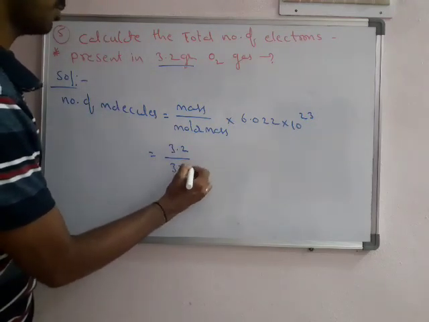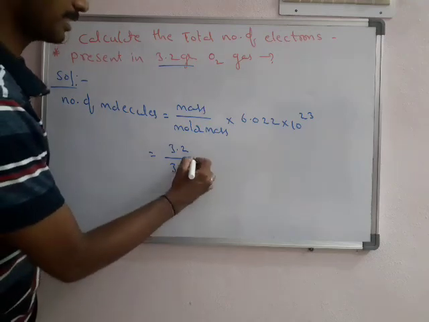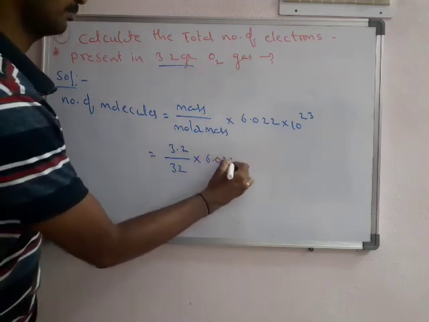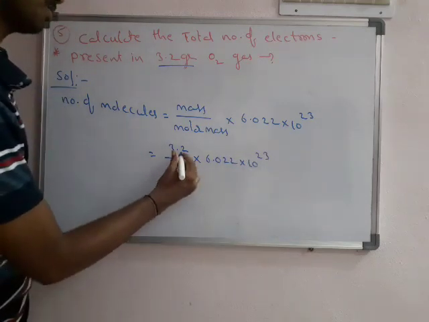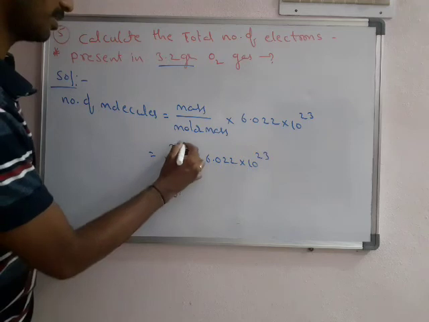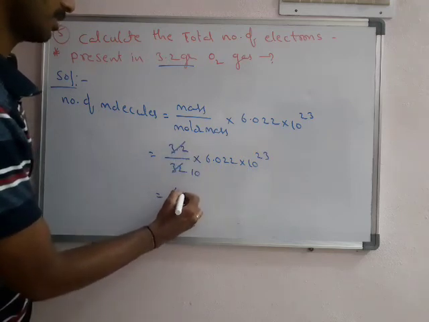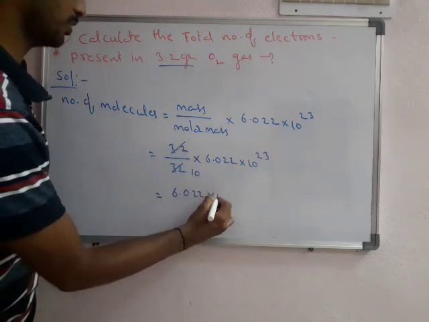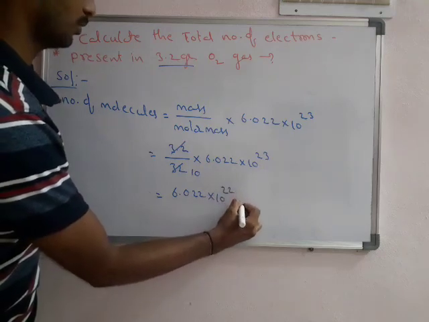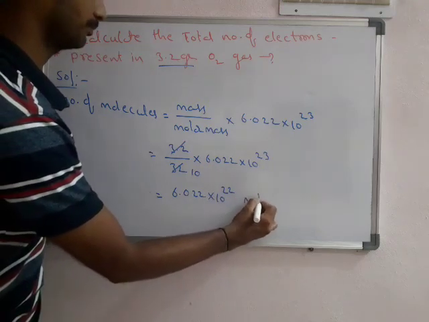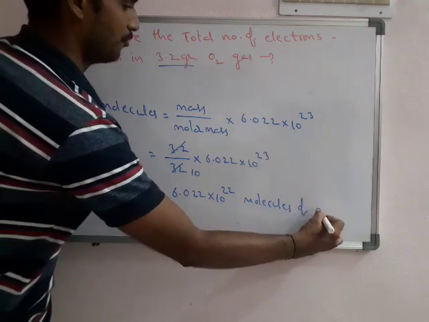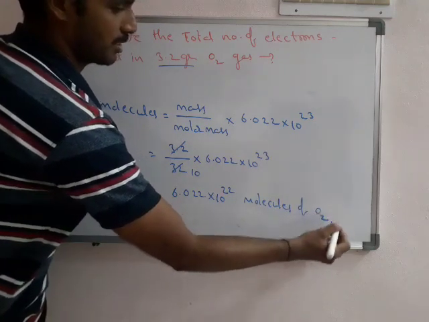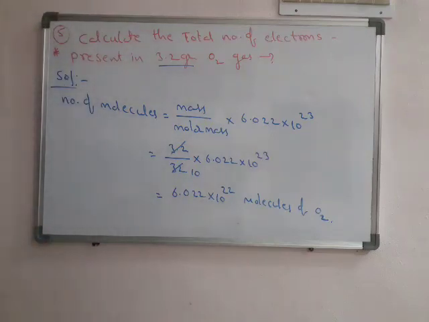Mass by molar mass, O2 is 16 plus 16, so by 10 means here we will get how much? 6.022 into 10 power 22 molecules of oxygen.